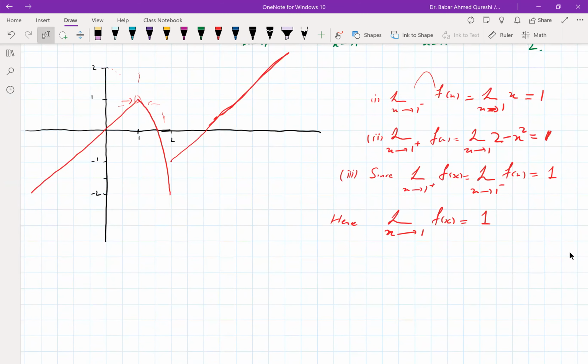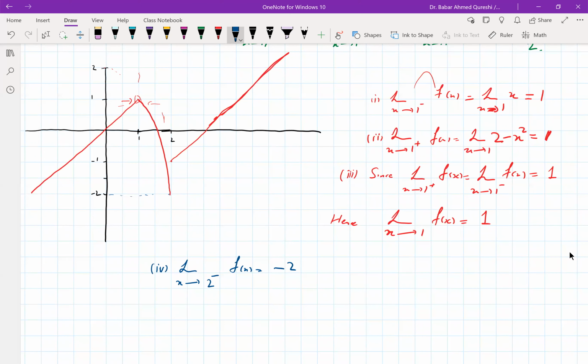However, if I look at this limit, the left-hand limit at 2, then I see that I'm approaching this value. You can compute it from the algebraic expression as well, but it's just visible from the graph.